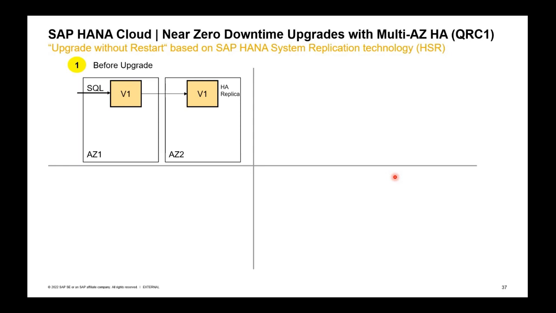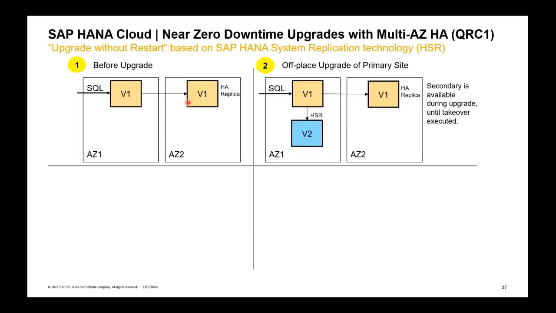On the right side you see the HA replica having the same software version. The first step is that we place an off-place installation on the primary side using system replication. We know this from on-premise, and we are using it in the same or a similar way here in HANA Cloud.